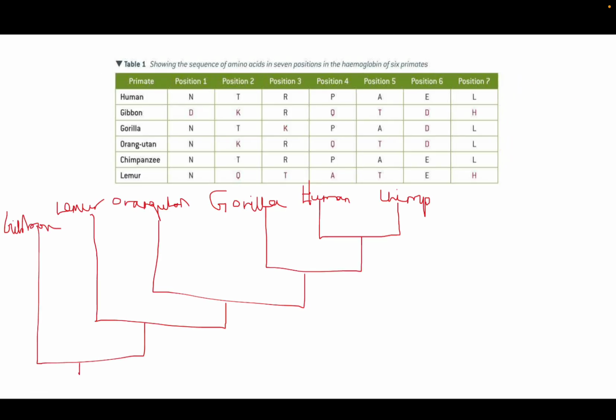Next, you can use this to work out the phylogenetic tree, because those with fewer differences would have a more recent common ancestor. So for example, we know that chimps and humans have no differences, so they're probably in the same section of the phylogenetic tree.